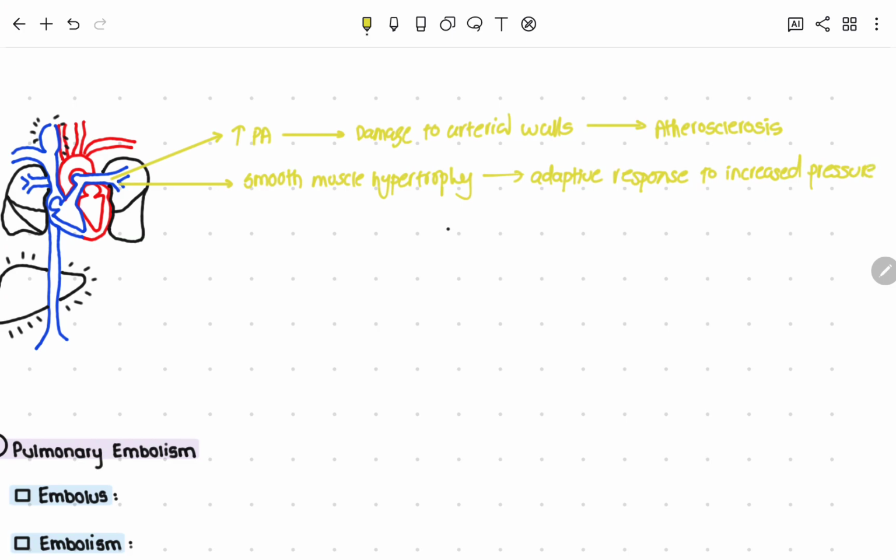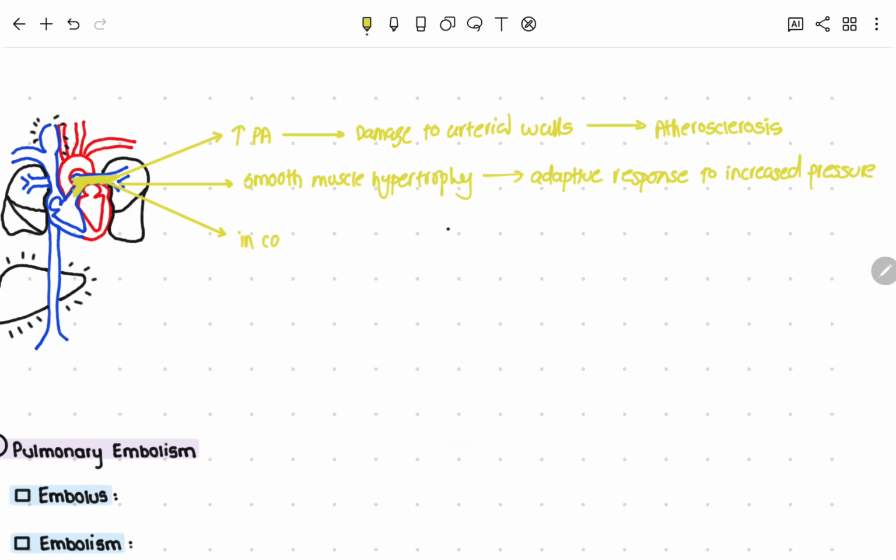Now, in long-standing and chronic pulmonary hypertension, you can imagine if there is an increased pressure, the heart technically has to work harder to pump blood against this higher pressure. And at this point in time, we're concerned about the right heart.